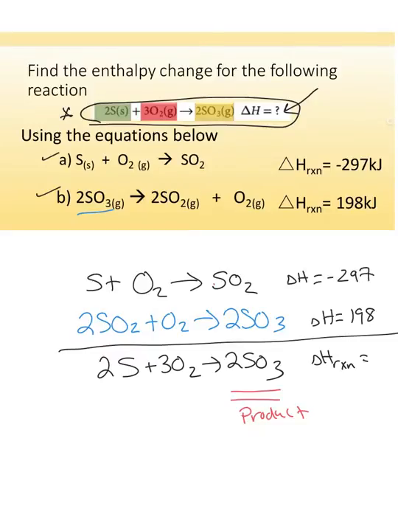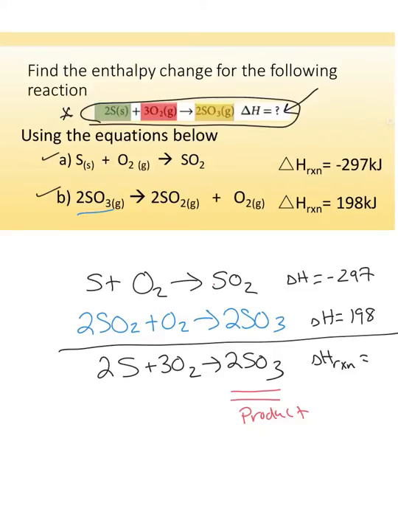So I want to get rid of SO2. Now if you notice, I have one SO2 here and I have two SO2s here. If I cancel this one, there will still be one SO2 here because one will cancel with only one.